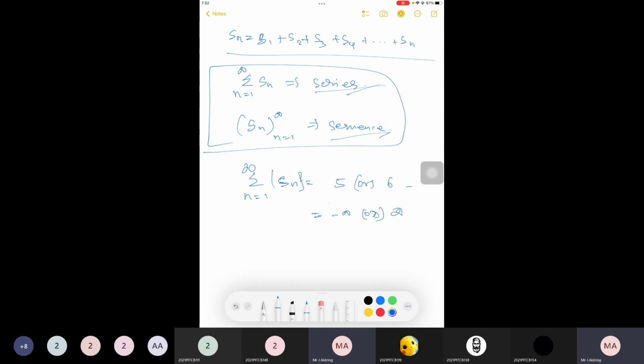Oscillatory means it does not tend to a unique limit, either finite or infinite. You may not get an exact number. That is an oscillatory series.